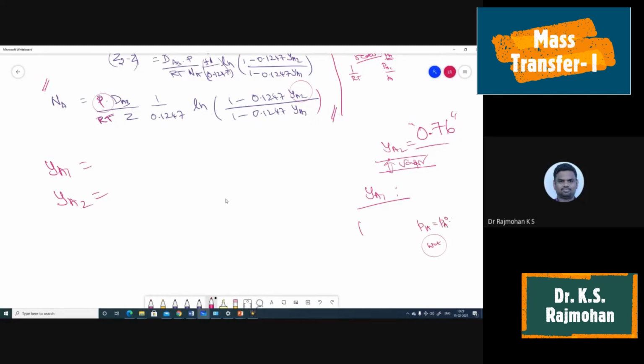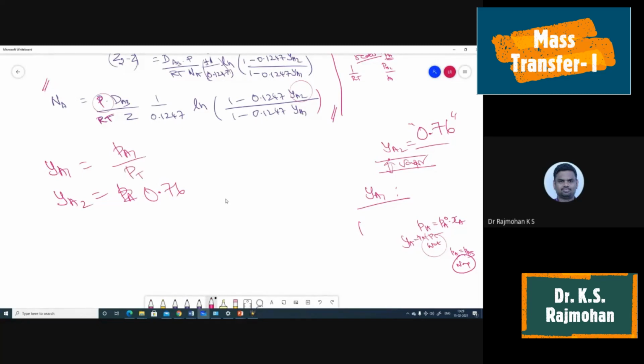Even for sublimation of naphthalene, we took PA equal to PAS, right? So from that you are going to get YA also, no? YA equal to PA by P total, right? Obviously YA2 is given directly as 0.76, but YA1 is equal to PA1 by P total.